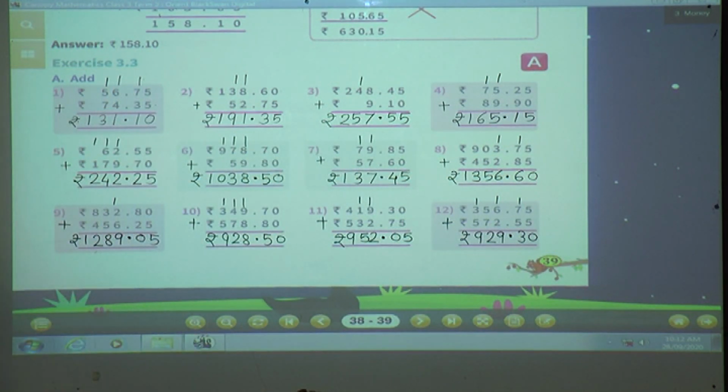So read the answer. What is the answer? Rupees 929.30. This is your answer. Okay. Now we'll move to the next page. Turn your page.